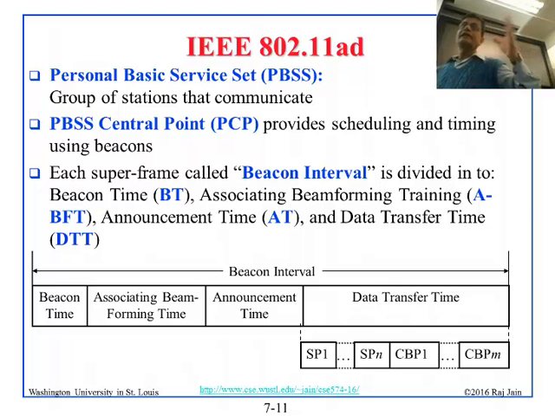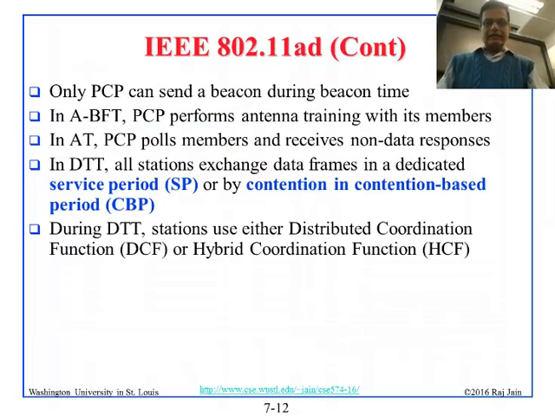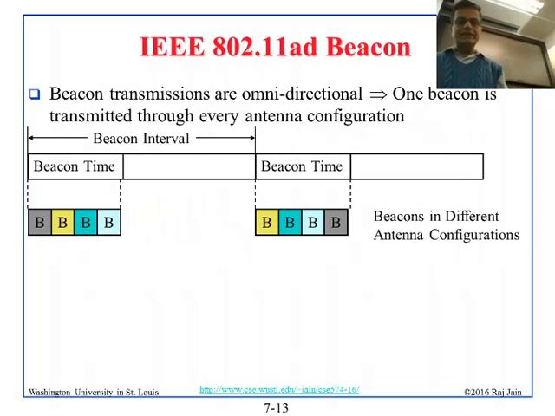If you get a dedicated allotment, the PCP will tell you that your time starts at this time and ends at that time. In the announcement time, it will all be told. Then when the time starts, you know exactly when you can speak and for how long. All right, so the beacon.